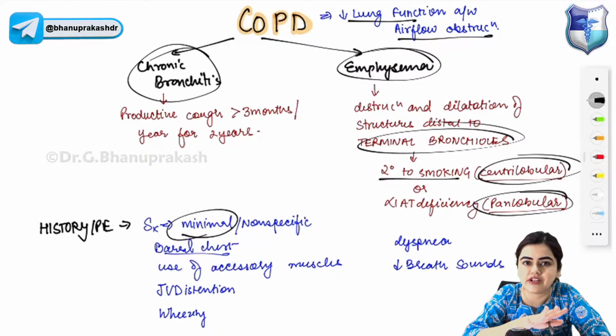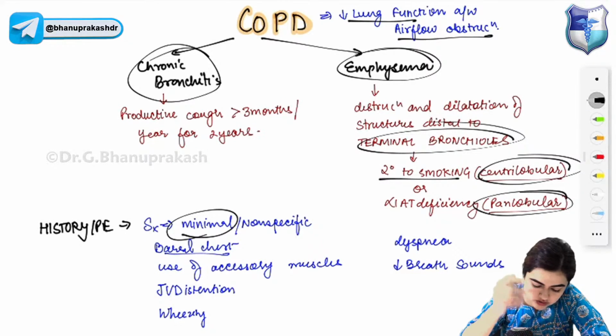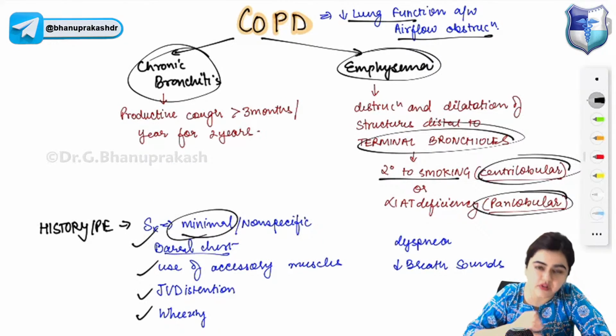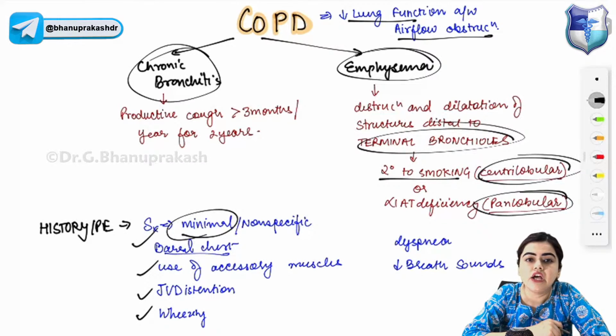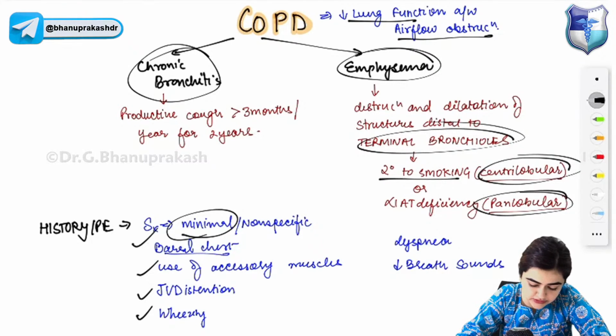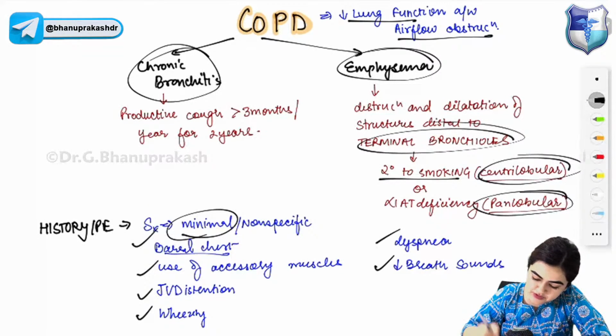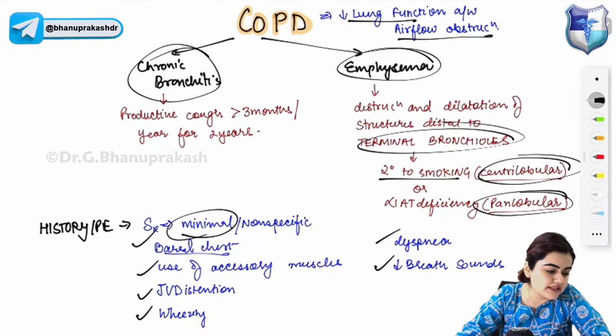Then the clinical spectrum you will see is barrel chest due to hyperinflation, use of accessory muscles, jugular venous distension, wheezing, dyspnea, and muffled breath sounds. These are the different findings of COPD.